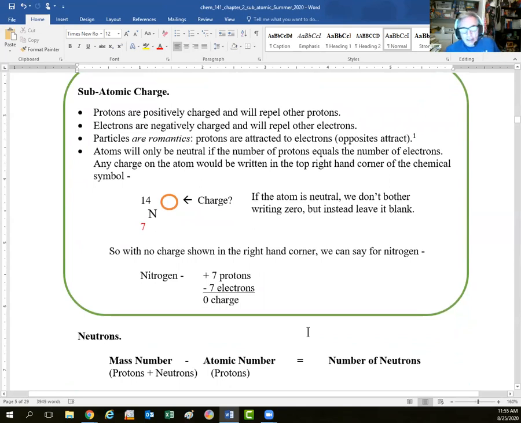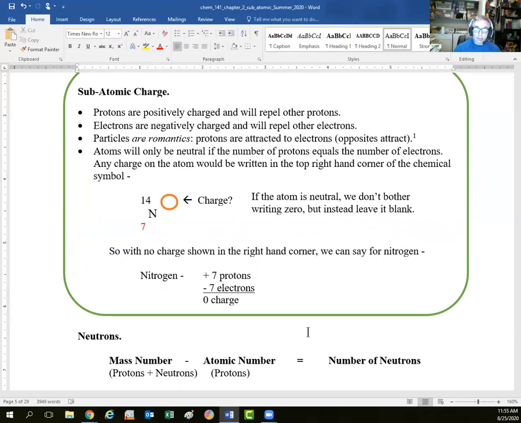Now, we don't directly infer the number of electrons when we look at the chemical symbol normally, but we can work it out because we only have neutral atoms when there's an equal number of protons and electrons. For every positive charge, it needs to be cancelled by the negative charge of an electron for an atom to be neutral. If there was electrical charge in the atom, we would make it an ion.